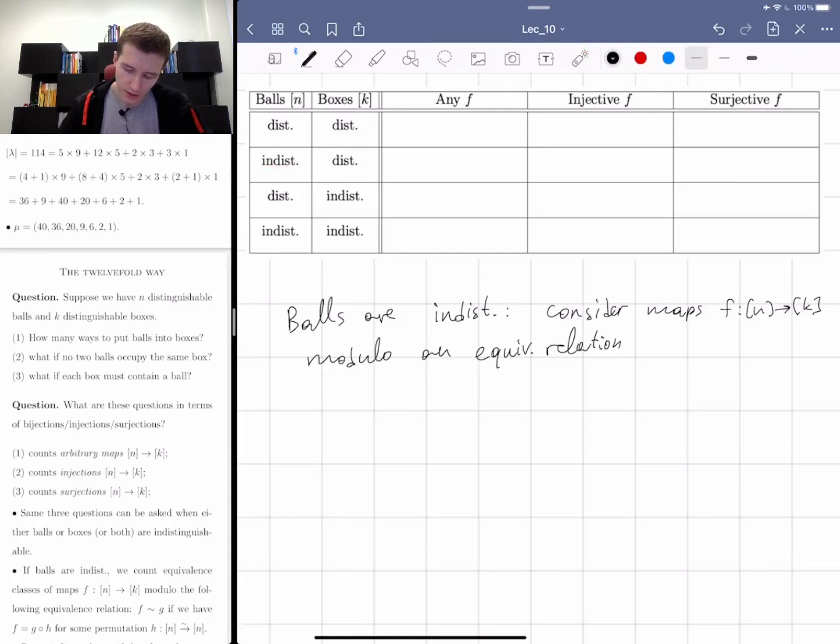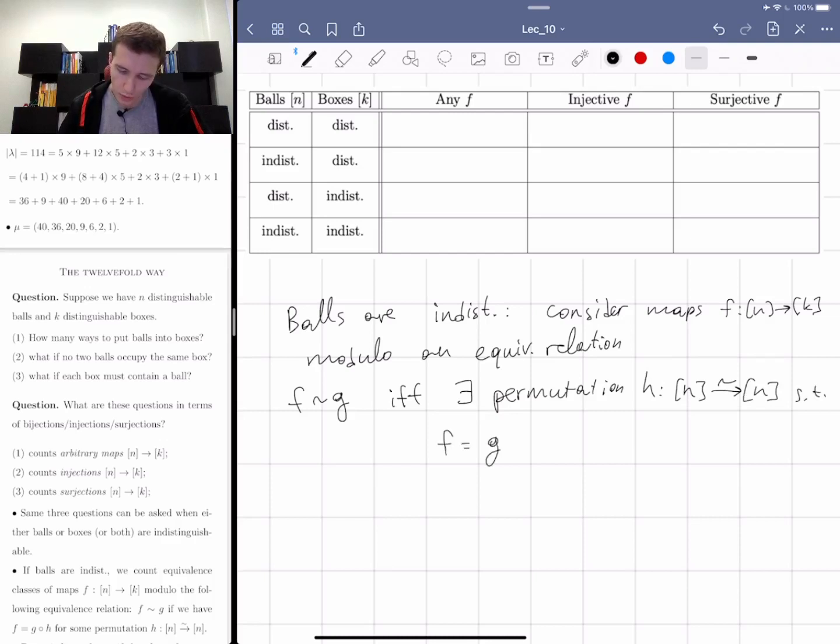And what it means is that the two maps f and g are equivalent if and only if there exists a permutation h from bracket n to bracket n such that f is equal to g composed with h.